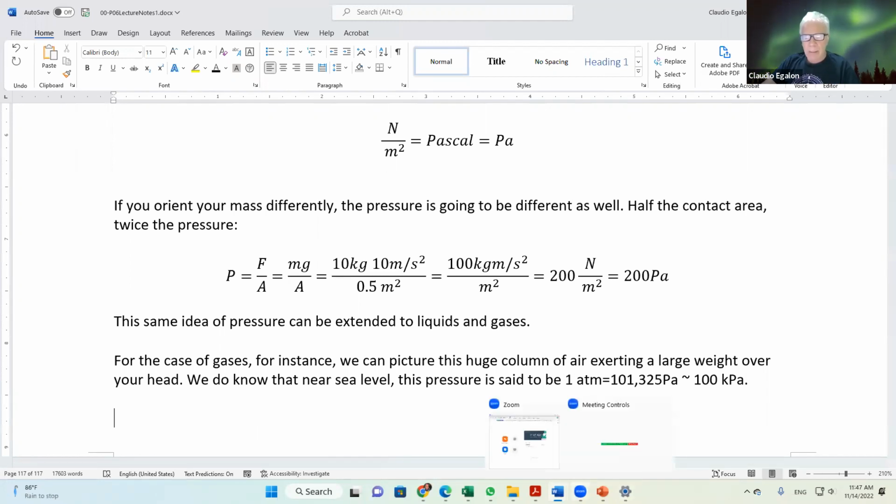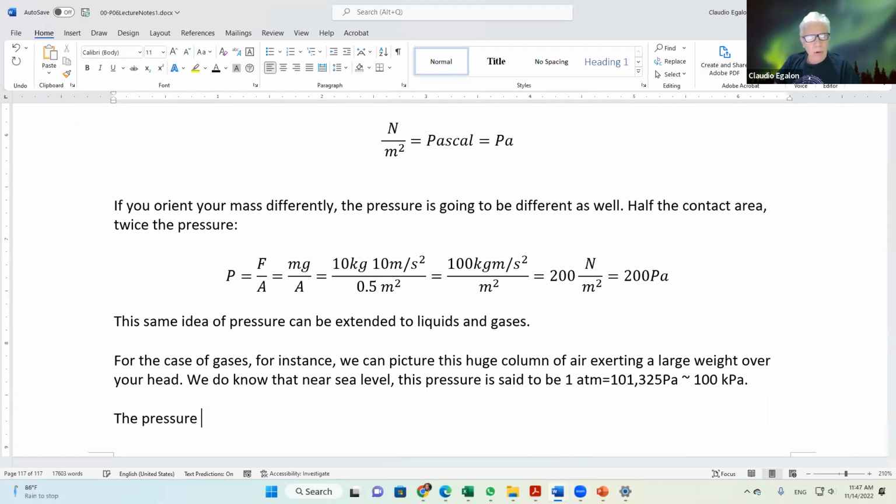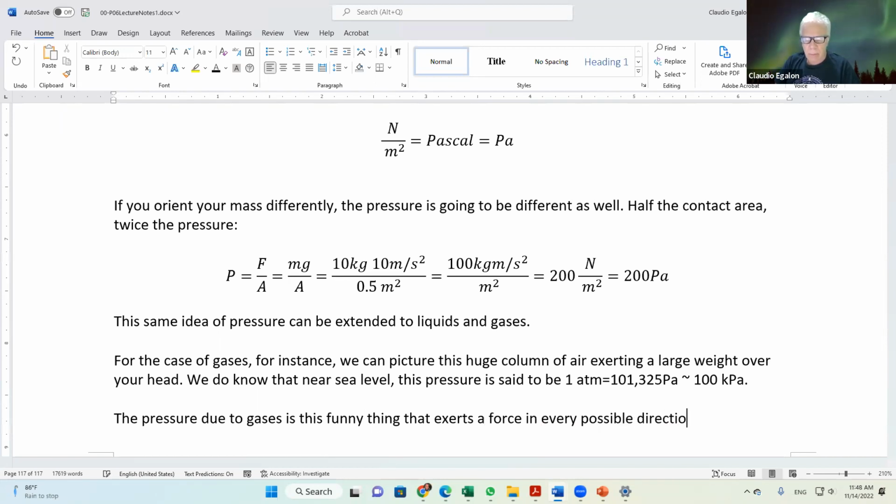But there's one more important detail. The pressure due to gases is this funny thing that exerts a force in every possible direction, and not just in the vertical direction.